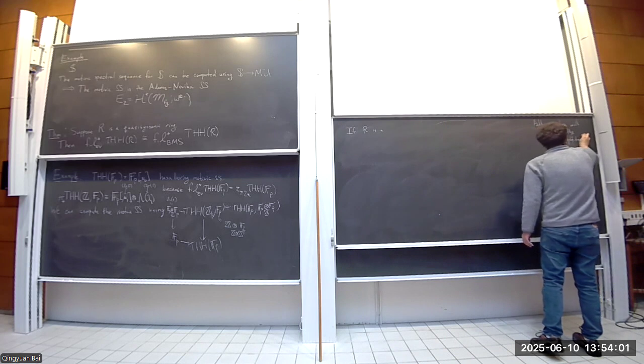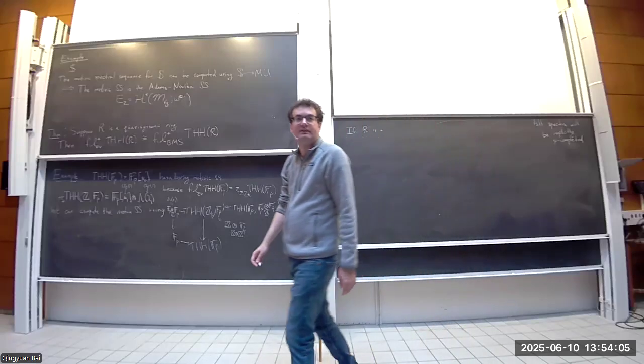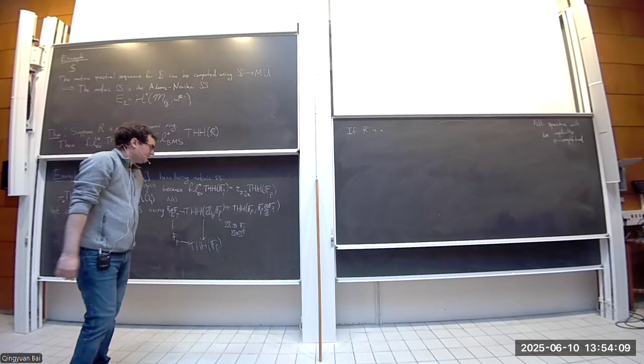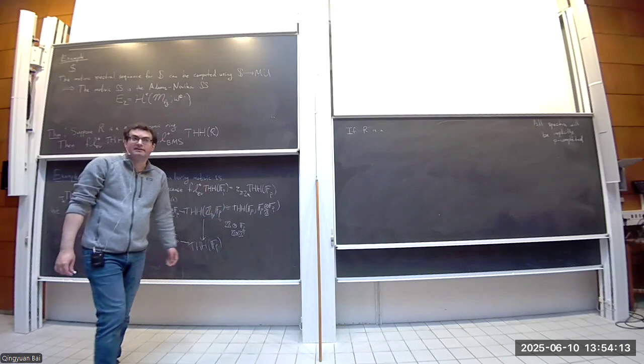So there's plenty of things one can say before p-completion, but probably the most interesting things to say are after p-completion. So for simplicity, everything will be p-complete. I'll often be thinking about things with Tate coefficients and the like anyway.